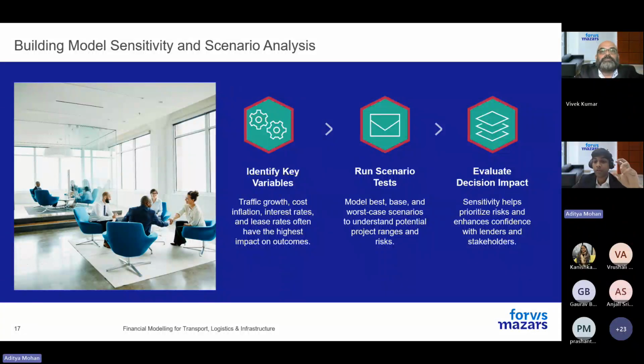You would know that this project would need more tenant lock-ins and revenue guarantees. Because of all of these reasons, sensitivity testing builds confidence with lenders, equity sponsors, and regulators. Now, a pro tip here would be to add a sensitivity dashboard with sliders or data tables. This would make your model more dynamic and make you look more polished.